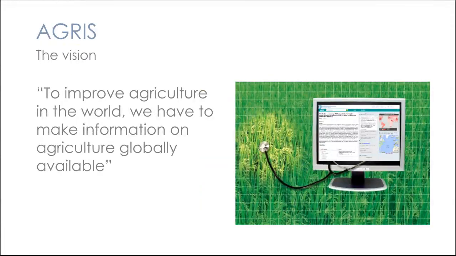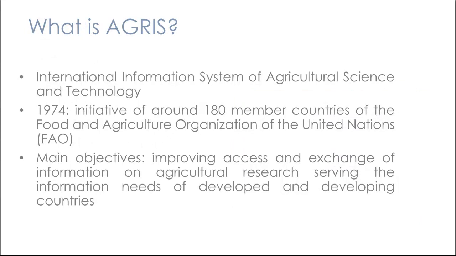The goal is to describe agriculture in the world, and to make information on agriculture globally available. In order to reach this objective, there was an initiative already in 1974 of around 180 member countries of the Food and Agriculture Organization of the United Nations.